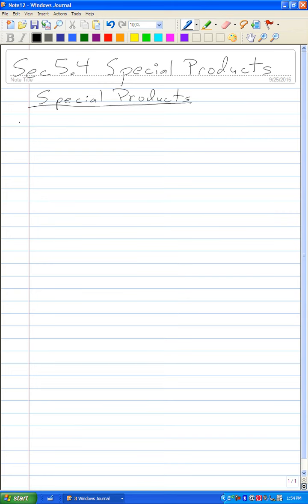So first, the product of the sum and difference of two terms, also known as the difference of squares.